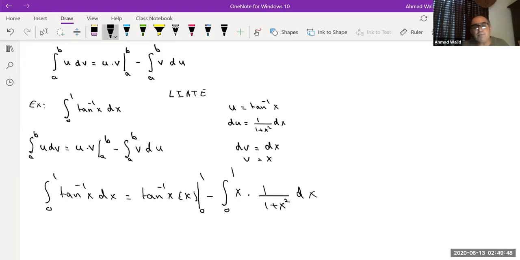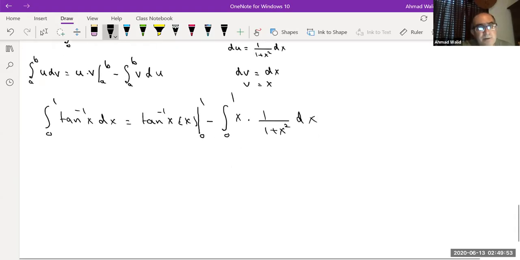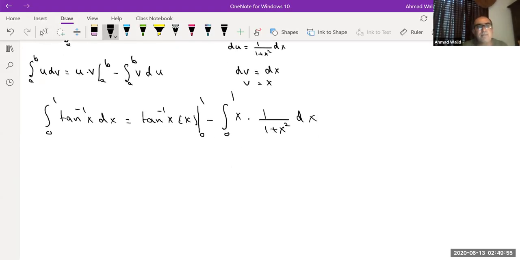Now, this part you can plug in 1 and 0 for your x's, or you can do it in the next step.